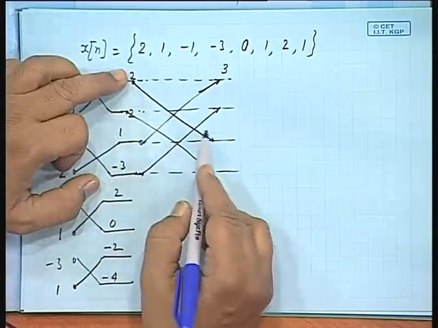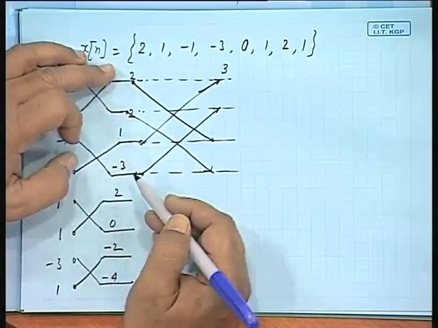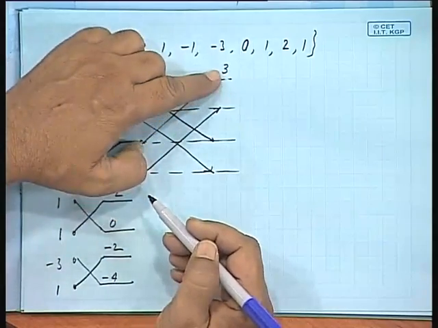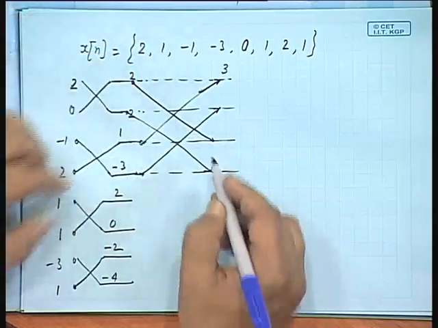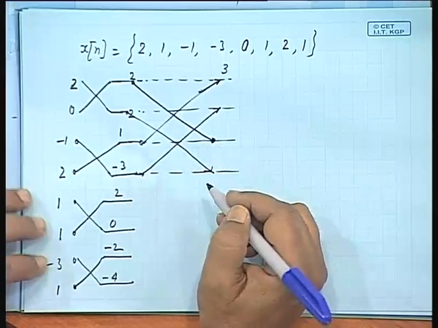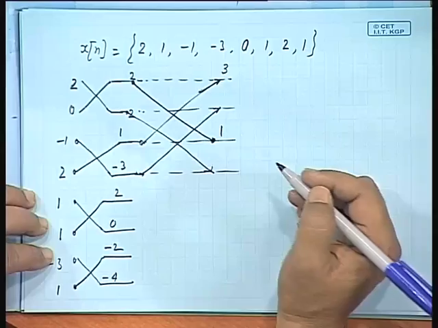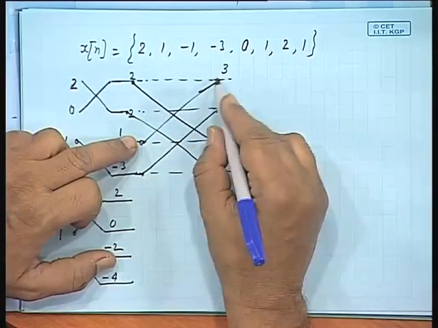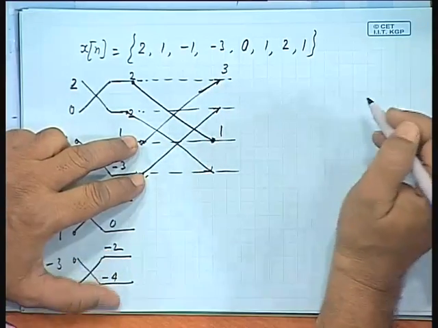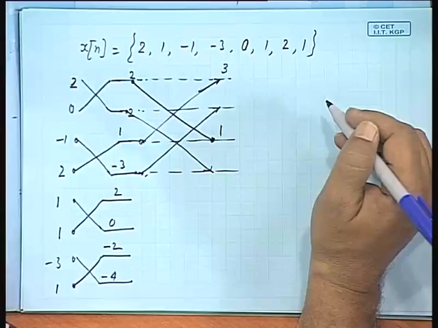This is 2 plus 1, 3, and this one will be 2 minus 1, 1, and what about this? What should I multiply with?